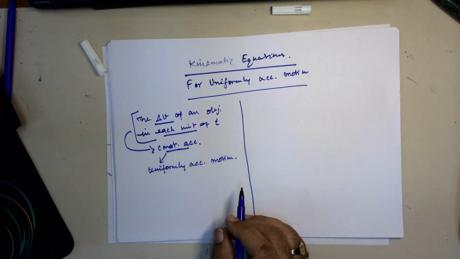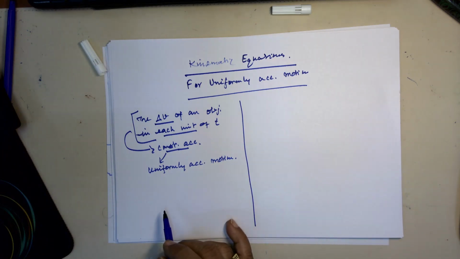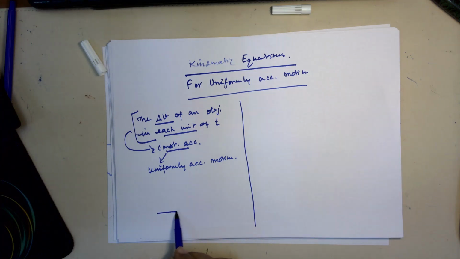Right? Now, let me consider an object moving along a straight line with a constant acceleration.